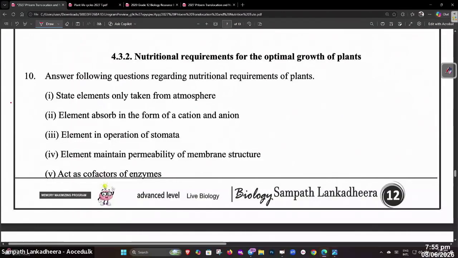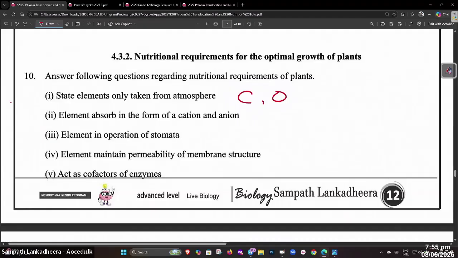Come on, people. What is that? Page number 12. Element taken only from the atmosphere. Right? Carbon and oxygen.